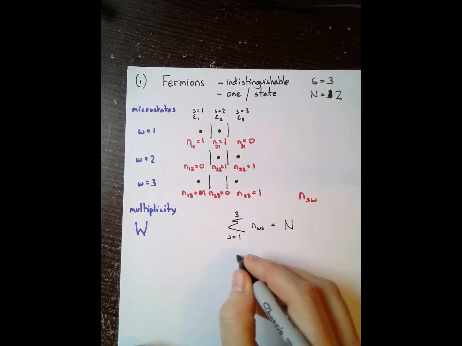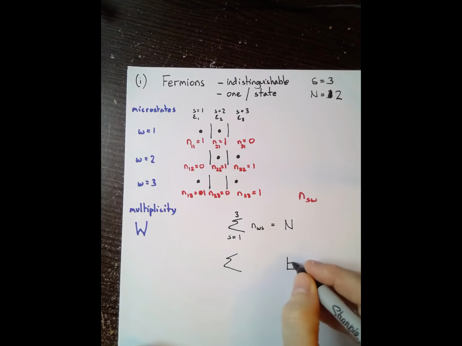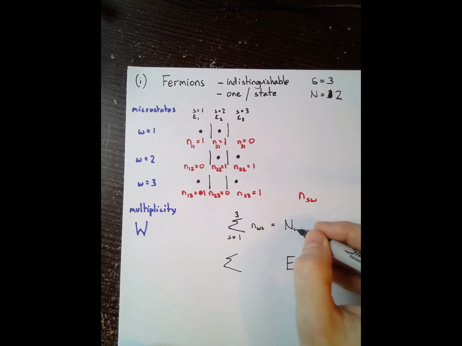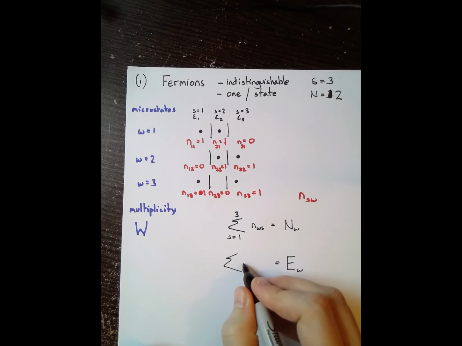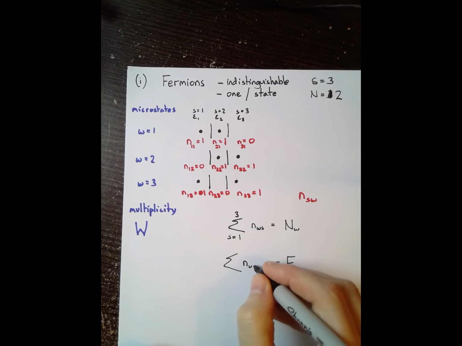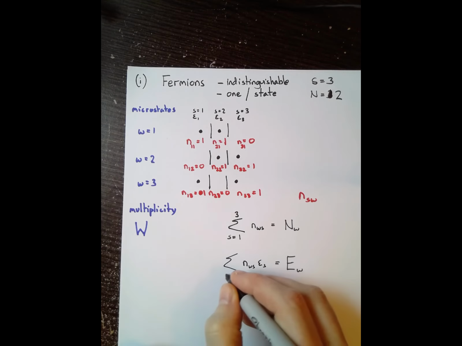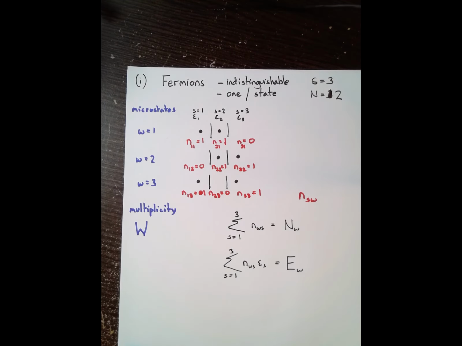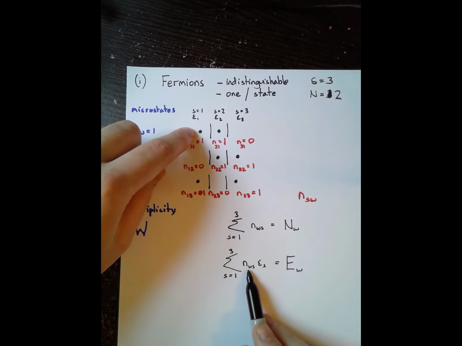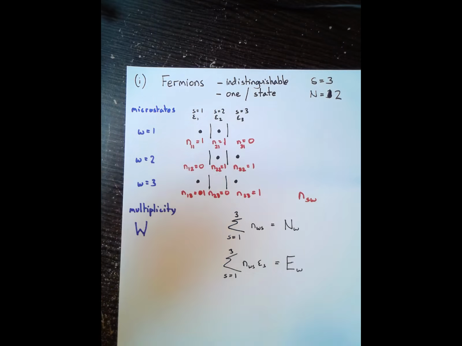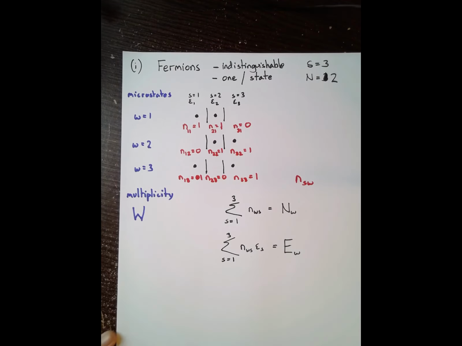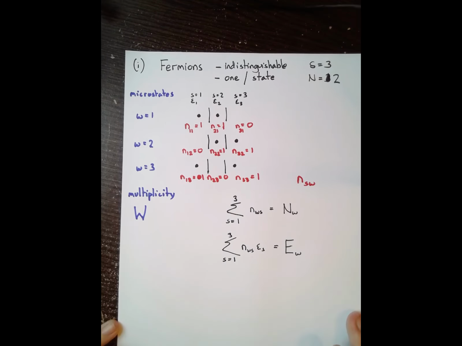So in general, the total energy of a particular microstate w, I get by multiplying n_ws by epsilon s and summing from 1 to 3. Okay, so here I've got 1 times epsilon 1 plus 1 times epsilon 2 plus 0 times epsilon 3. Okay, so I know how to compute the total energies.